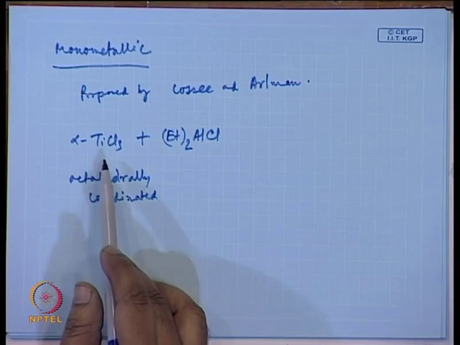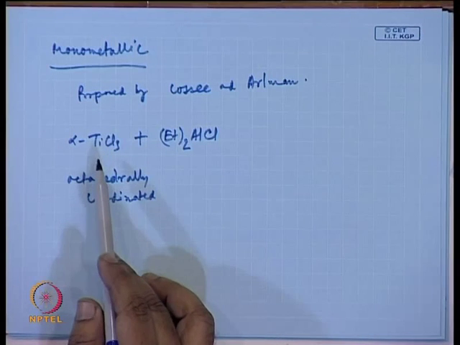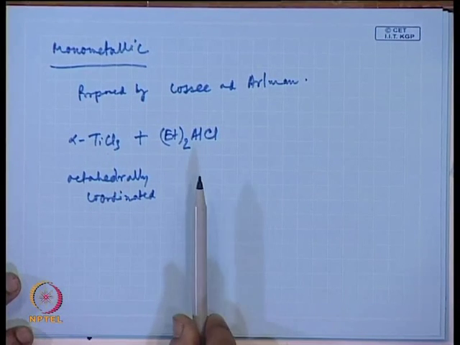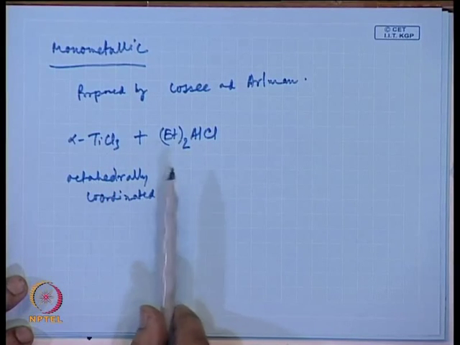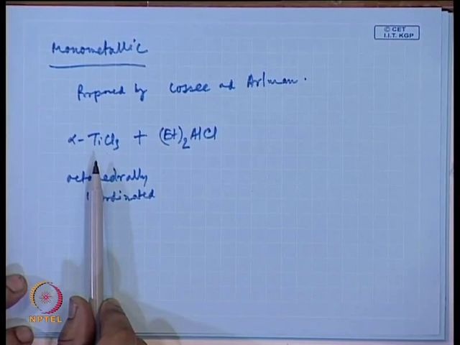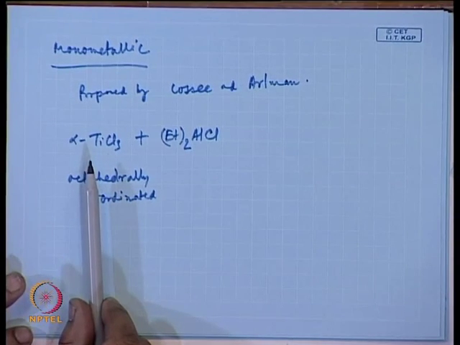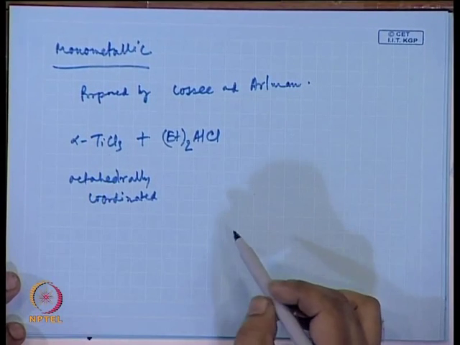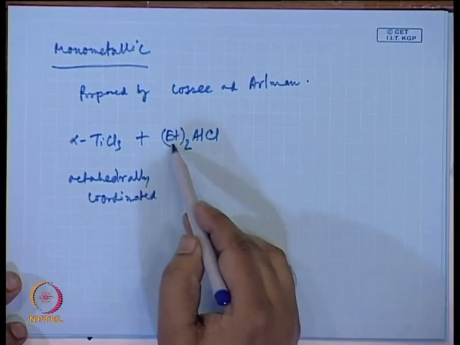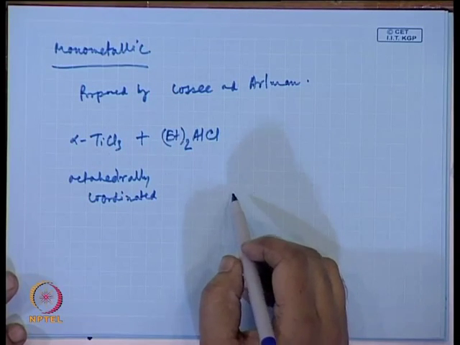At the beginning, the active center formation happens by addition of an alkyl to this vacant d orbital of the 5 coordinated titanium 3 plus. So, let me draw that.